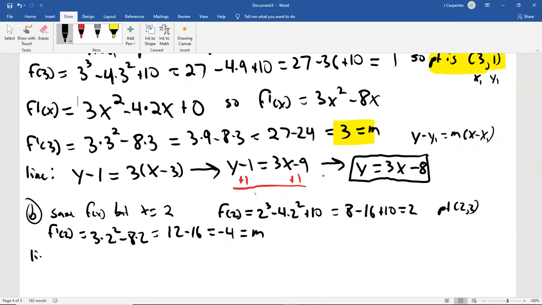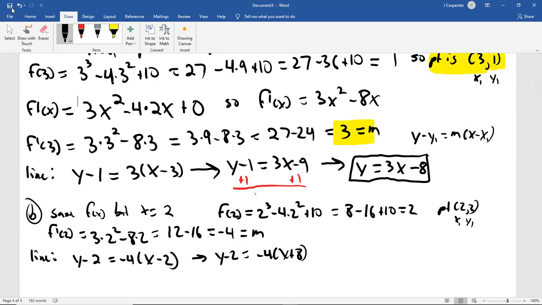So our line, y minus the y1, which is 2, equals the m, which is -4, times x minus the x1, which was also 2. Again, here's our x1 and y1. This was our m. Clean this up, that's y minus 2 equals -4 times x plus 8. Just watch your signs.